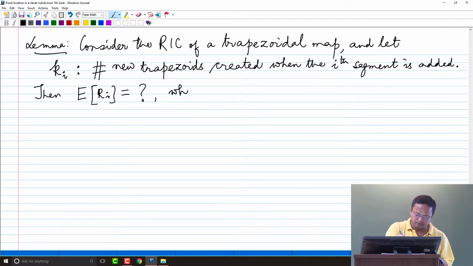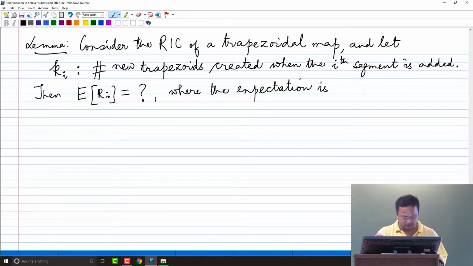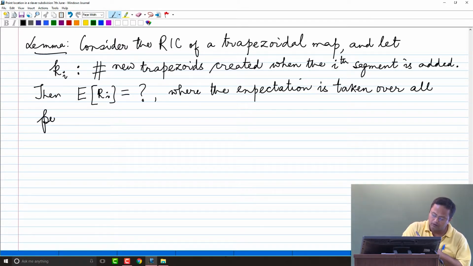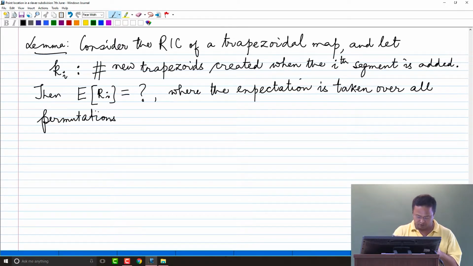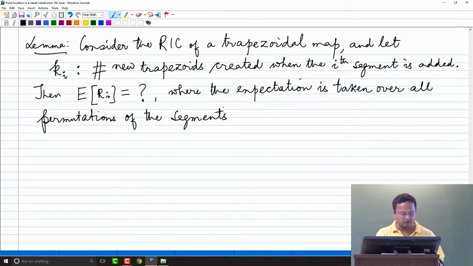where the expectation is taken over all permutations of the segments considered till now.